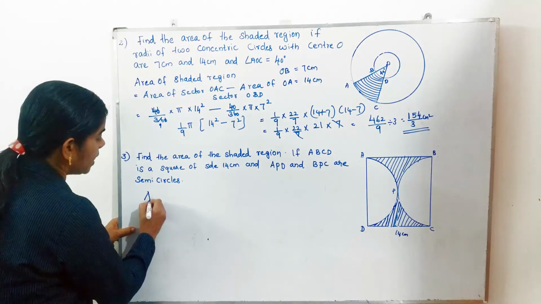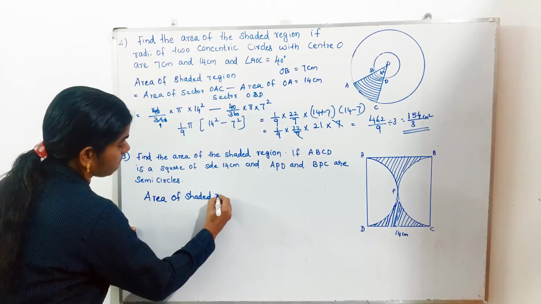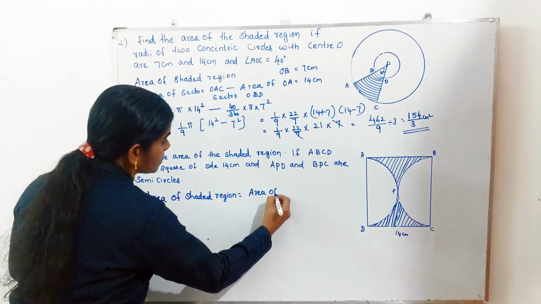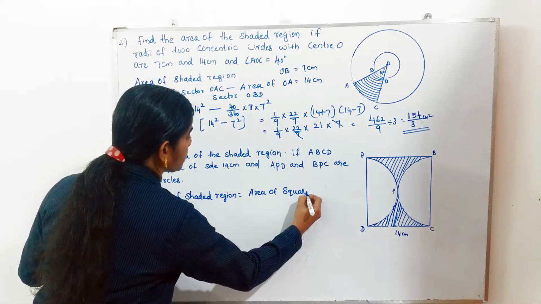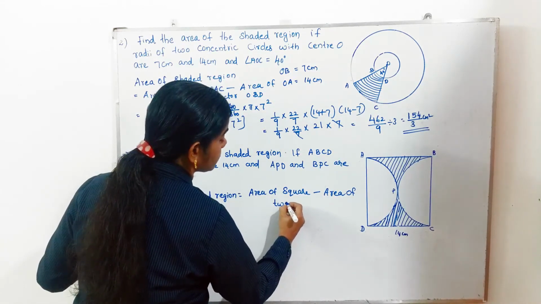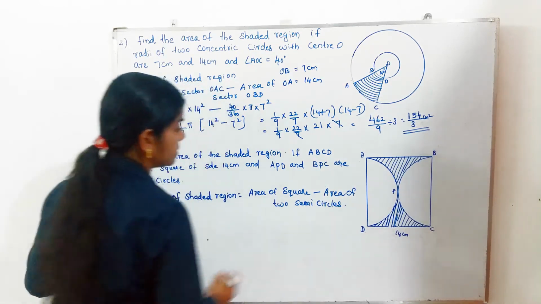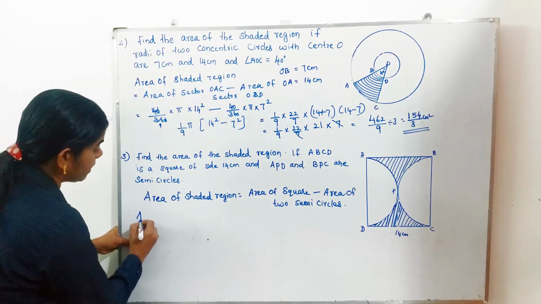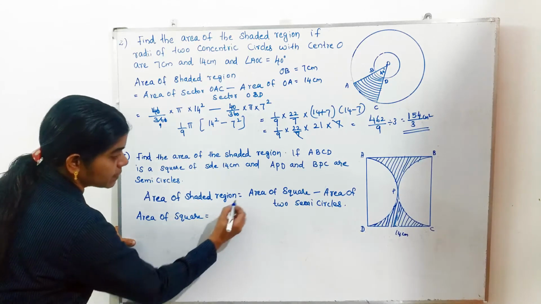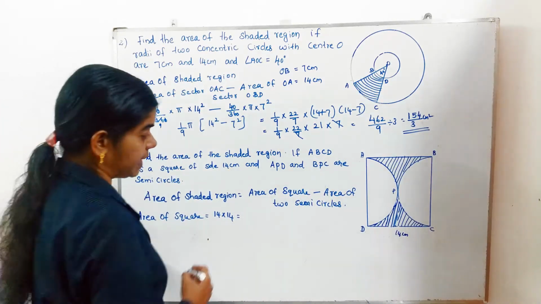Then we can write area of shaded region is equal to area of square minus area of two semicircles. First we can find out the area of square. Area of square is equal to, you know that side into side, so 14 into 14 you will get area of the square.